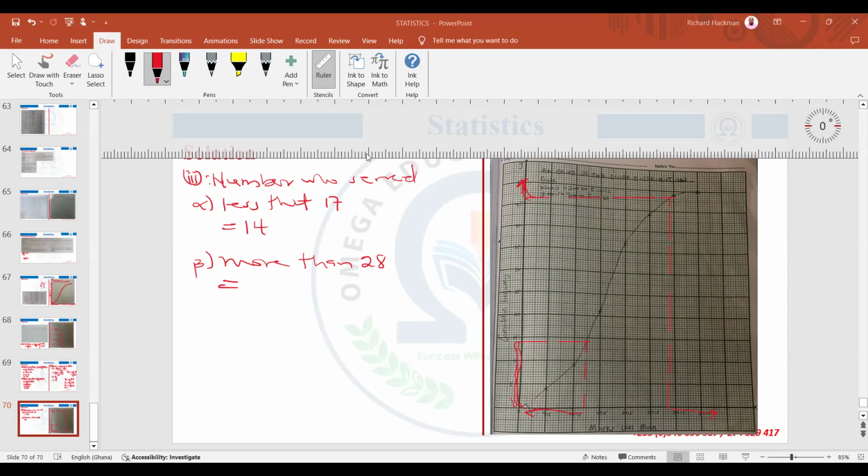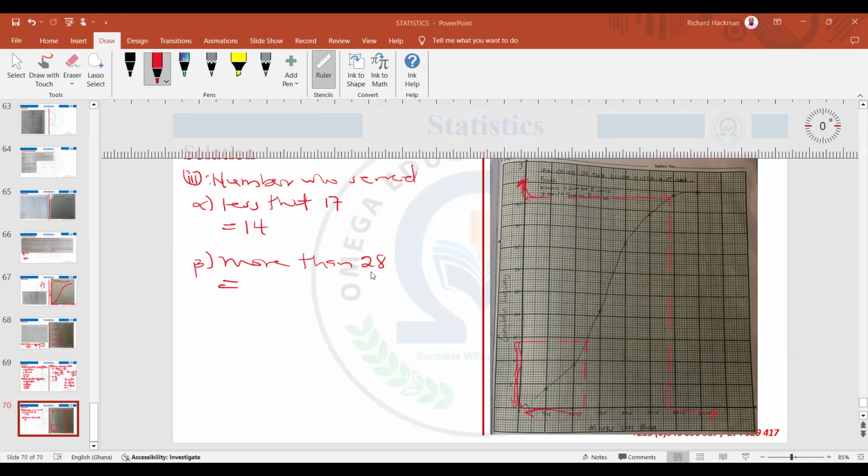Okay, so you said you don't understand how I read the 28 on the x-axis. But the 28 that you have here, what is it? Is it a number or is it in terms of marks? Read the question.